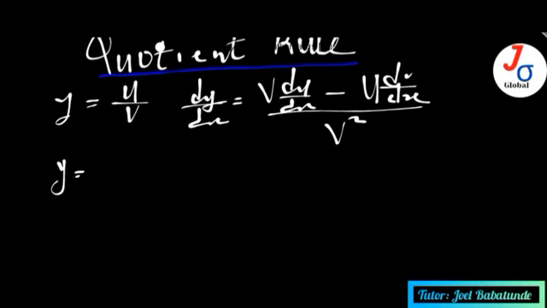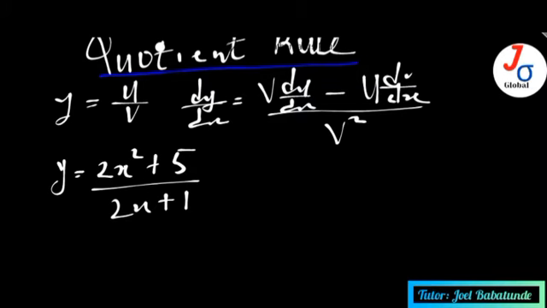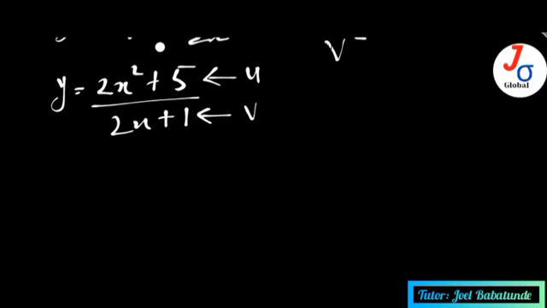y equals 2x squared plus 5, over 2x plus 1. So what's your u? This is our u, and this is our v. So our u now becomes 2x squared plus 5.